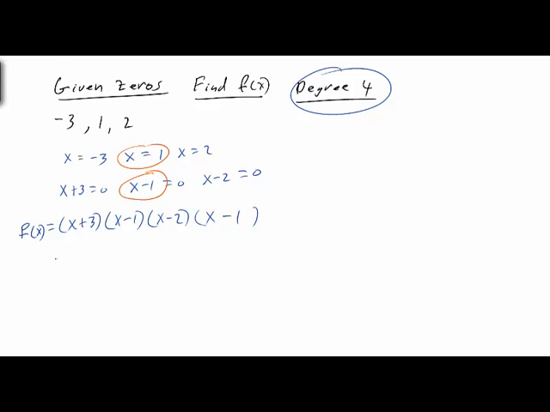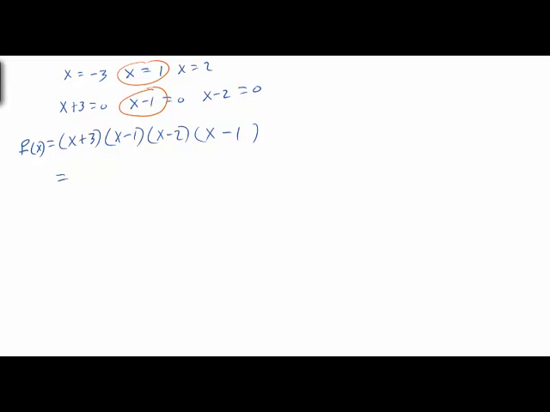So now we could just leave it here, but if you want to multiply this out, we can see if we come up with a function of degree 4. I'm going to bring down the x plus 3 and the x minus 2. I would suggest multiplying the x minus 1 factors first, so that's x minus 1 squared, or x minus 1 times x minus 1.